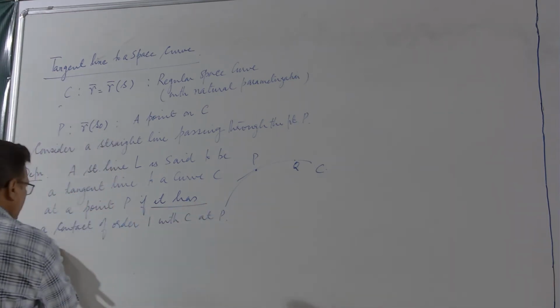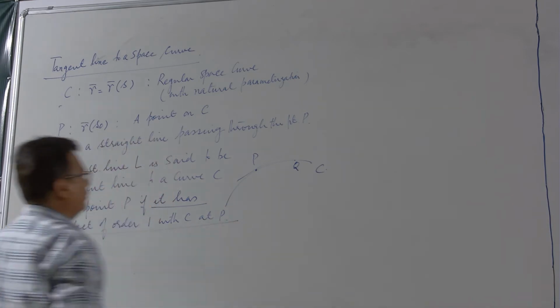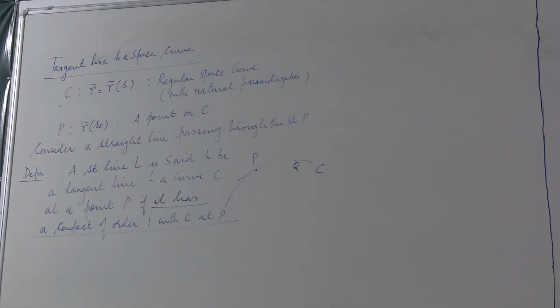If it has a contact of order 1 with C at the point P. This is how we understand the tangent line. Any line passing through a common point will be called a tangent line if as a curve it has a contact of order 1 with the curve at a point P.